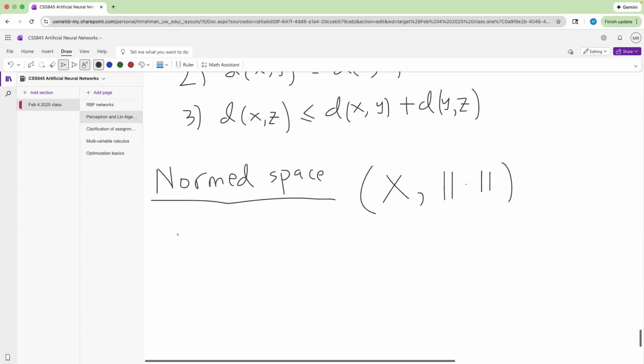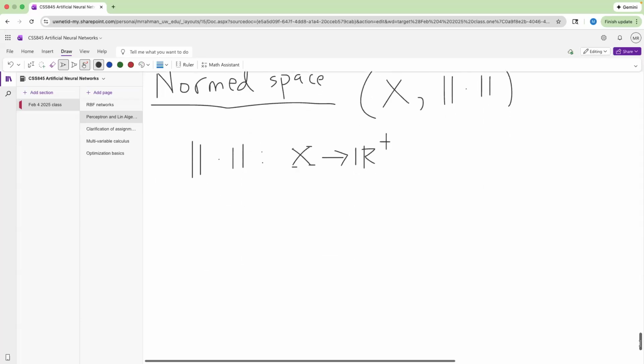This function, the length function, which uses the double bars, takes as input any vector in your space, and outputs a positive number that represents the length of that vector.